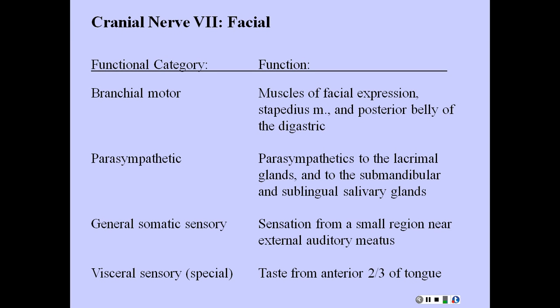And then we now have a repetition here of a term, that anterior 2/3 of the tongue. If you think about the tongue, it does more than just detect foods that are hot or cold. It's for taste. And taste and sensory are under two completely separate nerves. Trigeminal, the mandibular branch of trigeminal, is responsible for pain and temperature from the anterior 2/3 of the tongue.